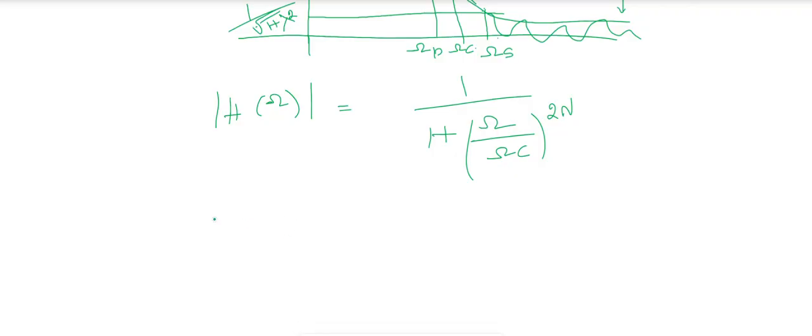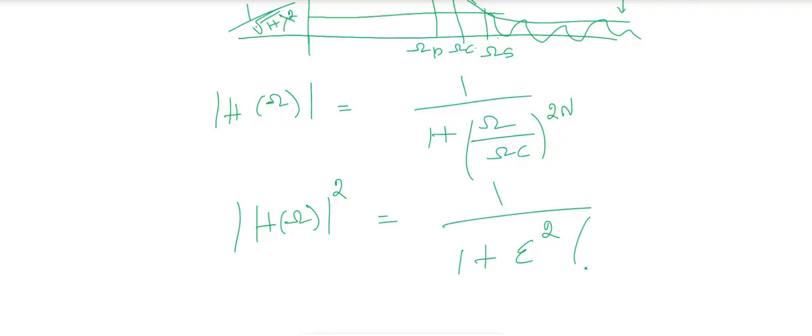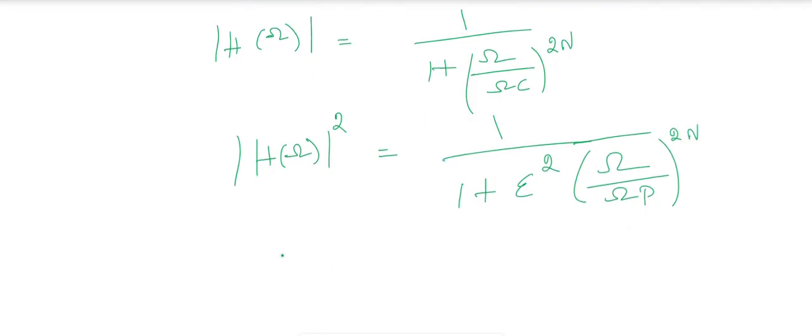So the squared magnitude response is equal to, this is the ideal one. If you include the ripples, then the equation will become the ripples in the pass band and stop band: omega by omega p to the power 2n. So what is the attenuation in the pass band now?